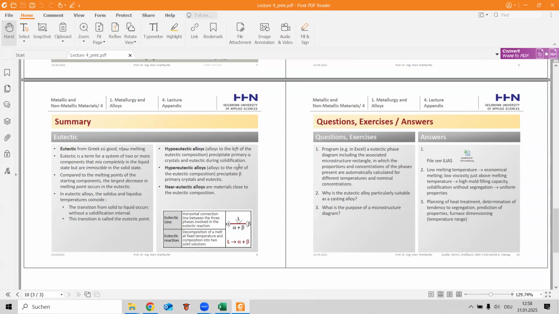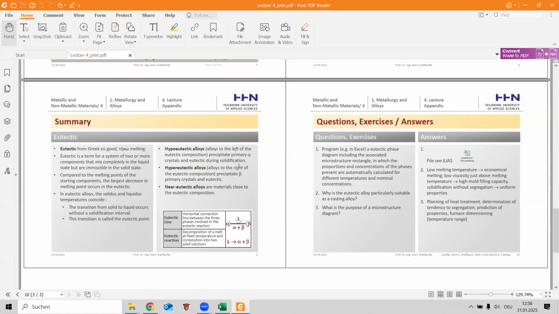Compared to the melting points of the starting components, a large decrease in melting point occurs in eutectics. In eutectic alloys, the solidus and liquidus temperatures coincide. The transition from solid to liquid occurs without a solidification interval. This transition is called the eutectic point.